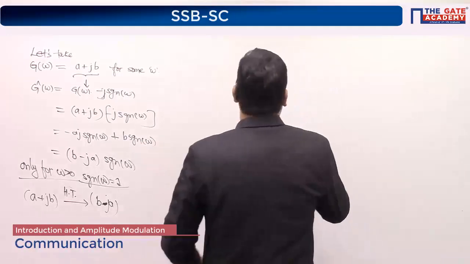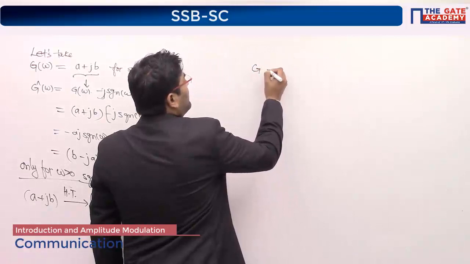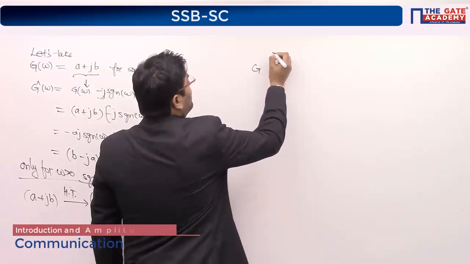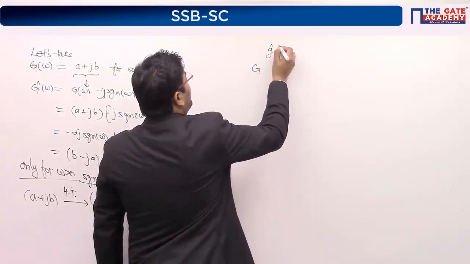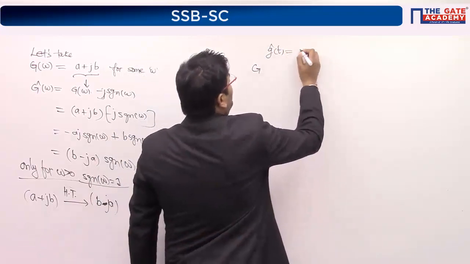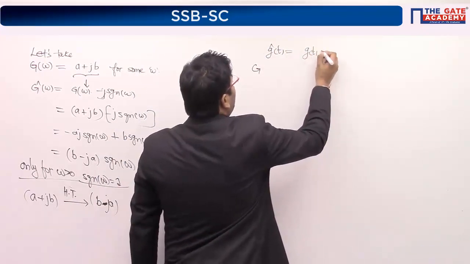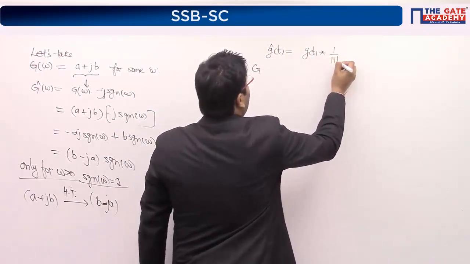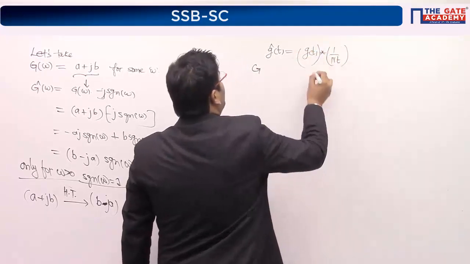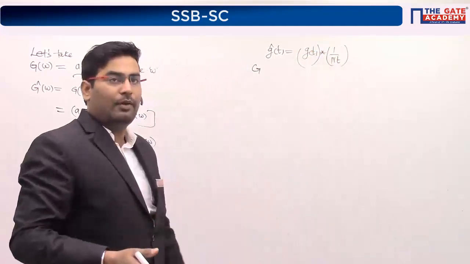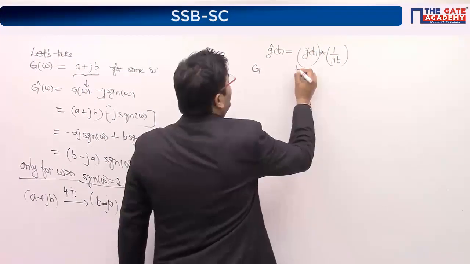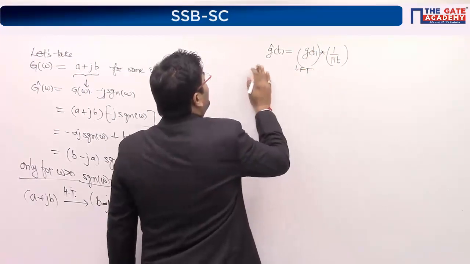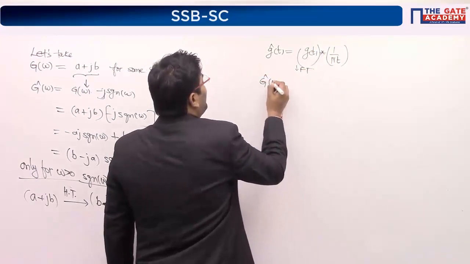So let me do it again. See, guys, he's asking about the Fourier transform of g hat t. If you recall, g hat t is the convolution of g t with 1 upon pi t. If you take the Fourier transform, what will you get? You will get g hat omega.